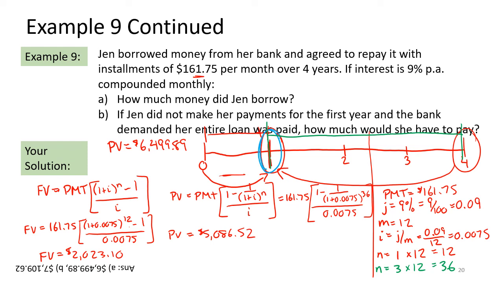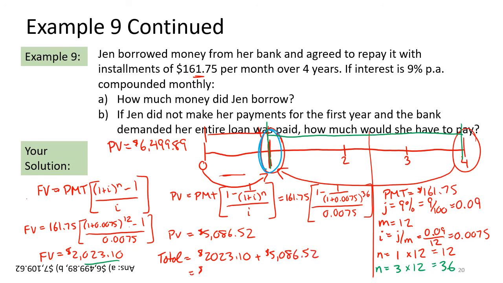So to figure it out, the question said they're demanding her entire loan be paid. They've had enough of the fact that she didn't pay her loan. So now you have to add these two numbers together. The amount she hasn't paid, that she should have paid, which was that future value calculation, plus the present value of what she has outstanding in the loan. So the total must be equal to $2,023.10, that was our initial future value calculation, plus the present value calculation, $5,086.52.